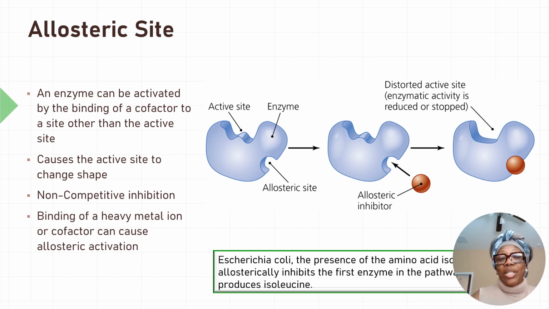But in non-competitive, you have cases where the competitive substrate will bind to a different site and cause the active site of the enzyme to change shape. This scenario, where you have a competitive substrate binding somewhere other than the actual active site of the enzyme, but binding somewhere else on the enzyme and causing that active site shape to change, is called an allosteric reaction.